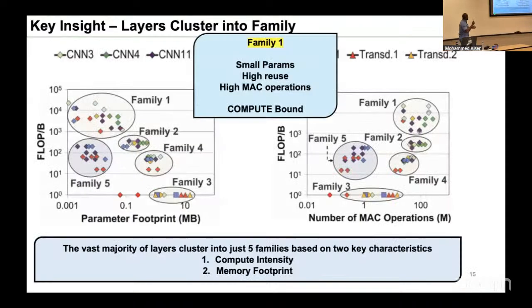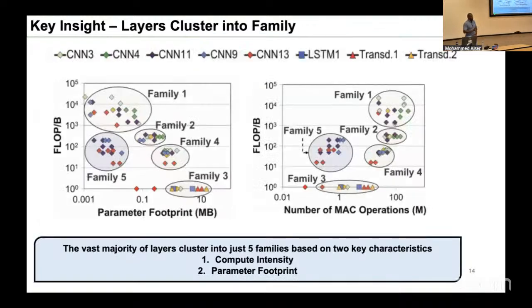Because this is the important part to understand in the whole talk, I'm going to show you. The first family here, this is the plot of the parameter reuse and the parameter footprints. Maybe before I go into this, why do you need to understand this?